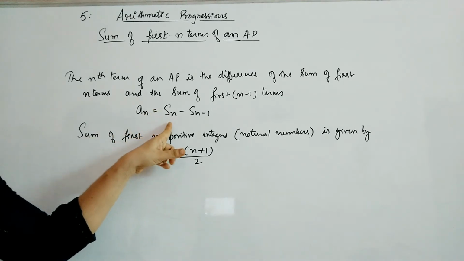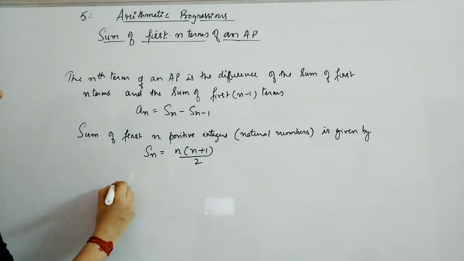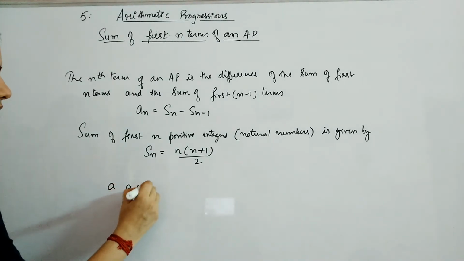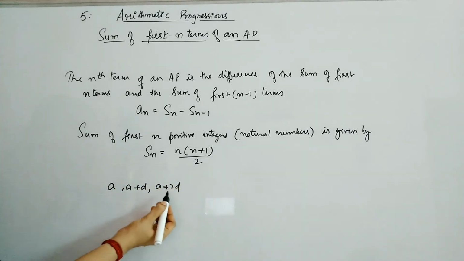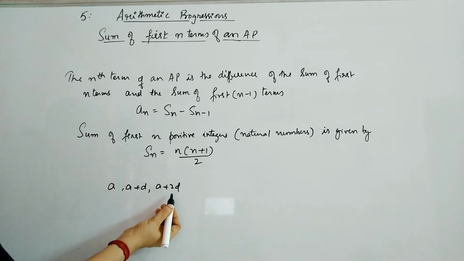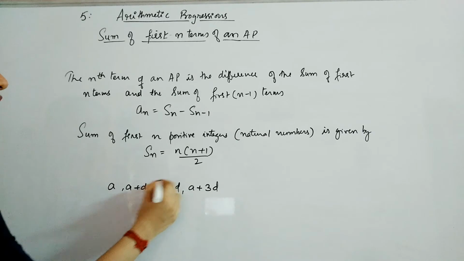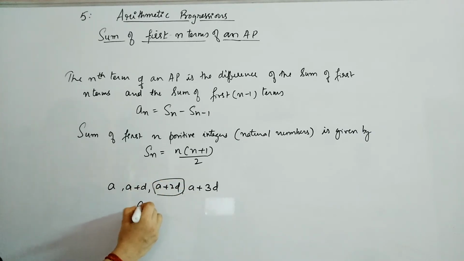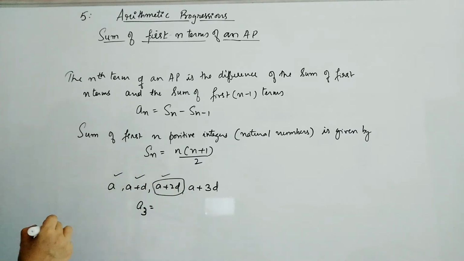And if you know that Sn, you can just find out what is an, because suppose you have a sequence a, a plus d, a plus 2d. Now if I want the third term, a3, if I add all 3 terms, that is your s3, right?